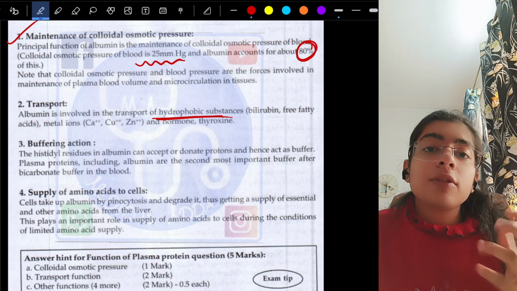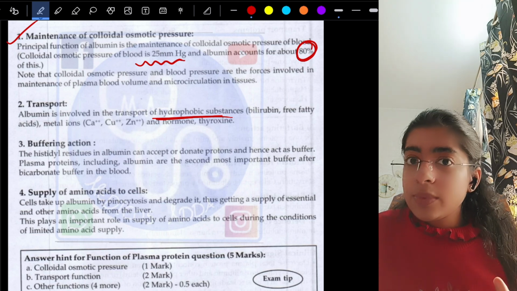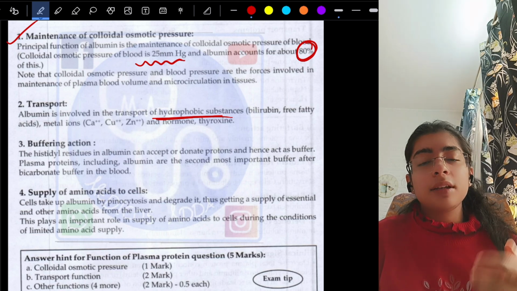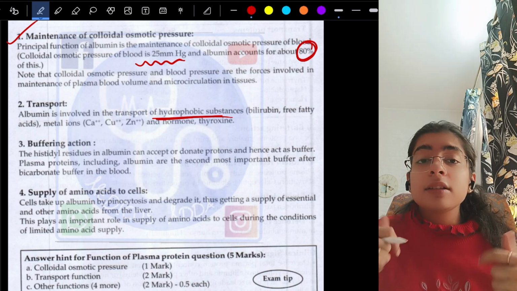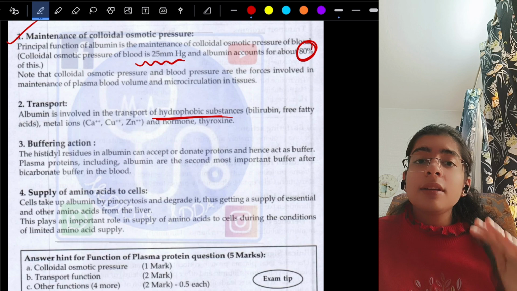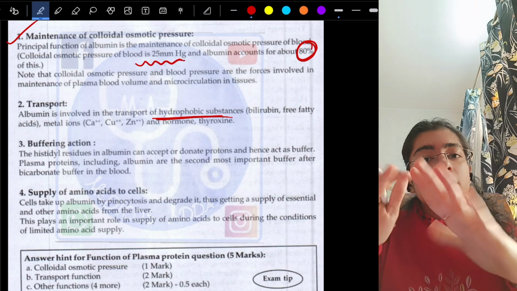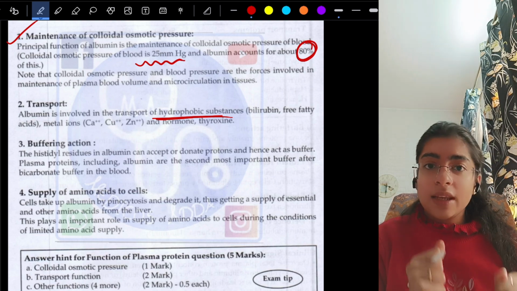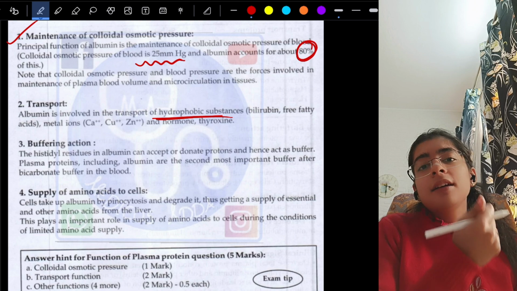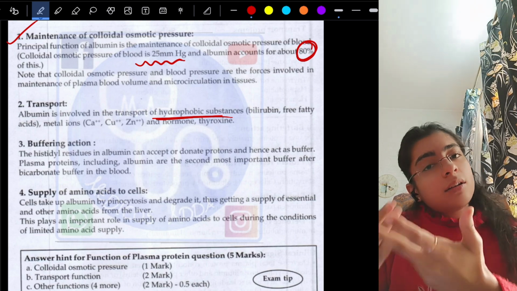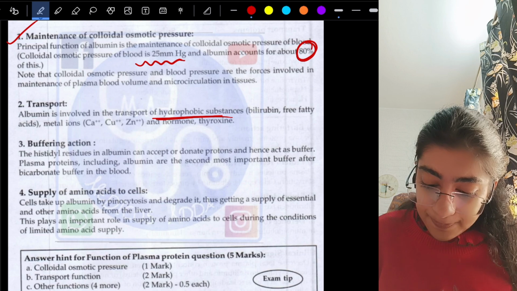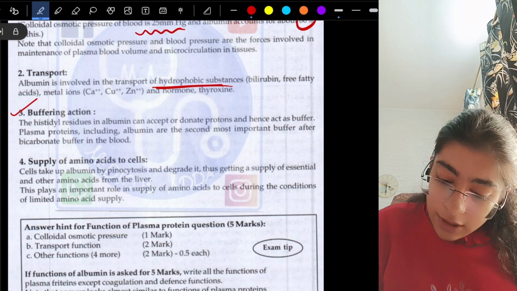Why not hydrophilic? Very simple. Hydrophilic, water loving. If it gets dissolved in the water, it can go with the water. For the substances which can't go with the water, albumin is a social worker. It will take them in it and help them go through the water, through the blood, and reach their target destination. Next is buffering action.